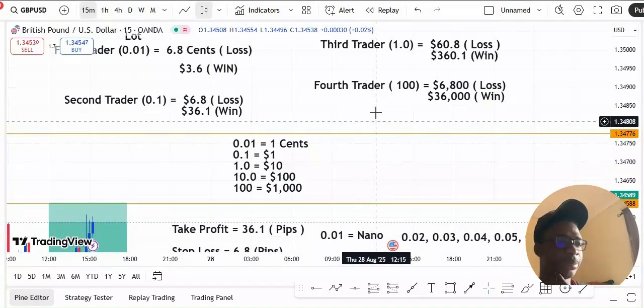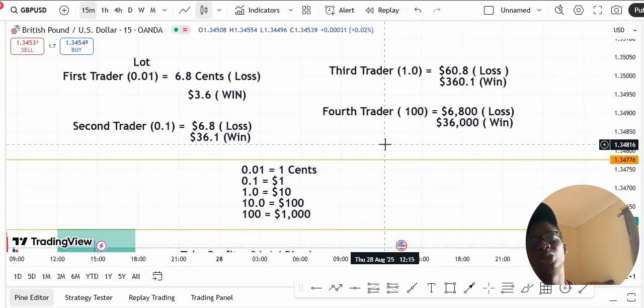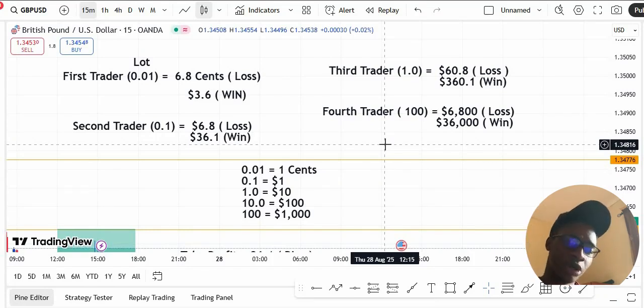Obviously the fourth trader, who is going to be going home with $36,000, followed by $360, then $36, then $3.6. They all went into the market with the same analysis, the same stop loss, and the same take profit, but they will come out with different bags based off of their risk.